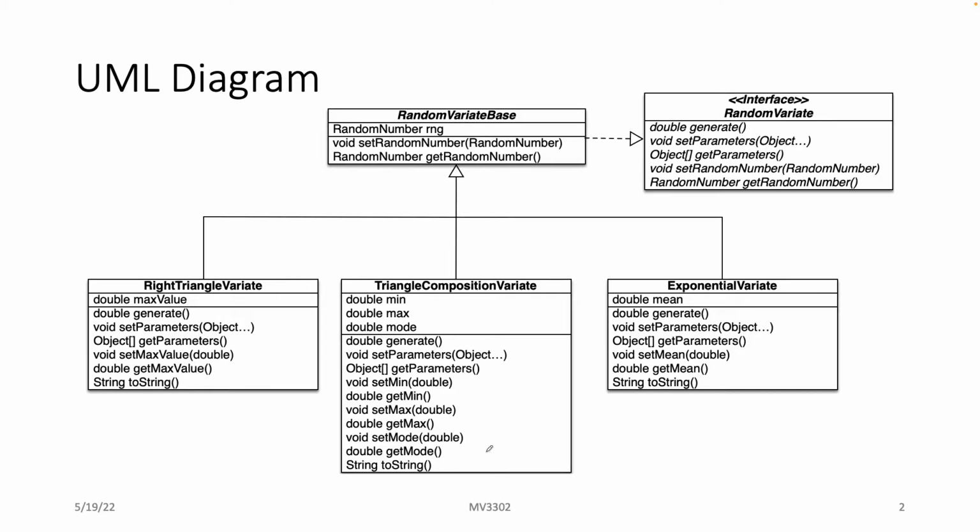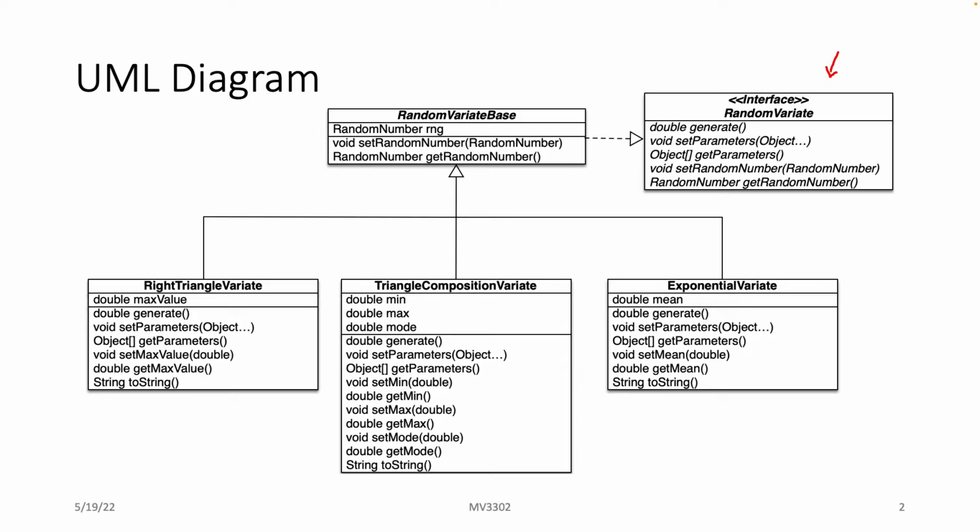The main thing is the random variate interface. We've been using that as the type of our random variates. Right from the beginning, whenever we needed something to generate randomly, from the inter-arrival times of the arrival process to the service times to whatever else was going on, we declared that as a random variate.